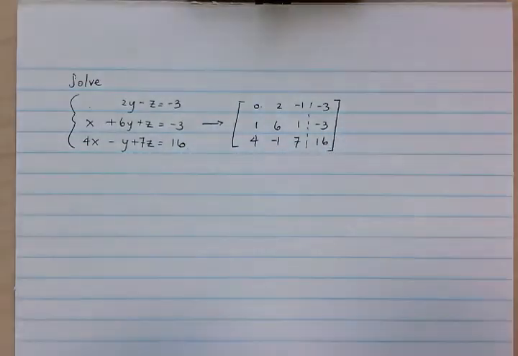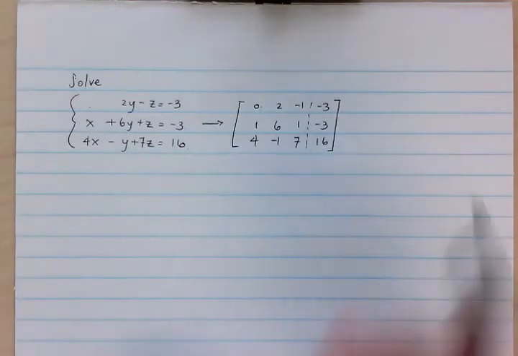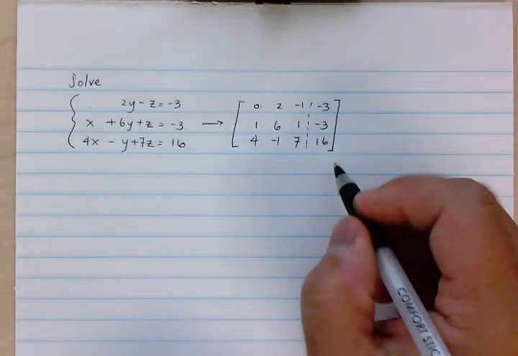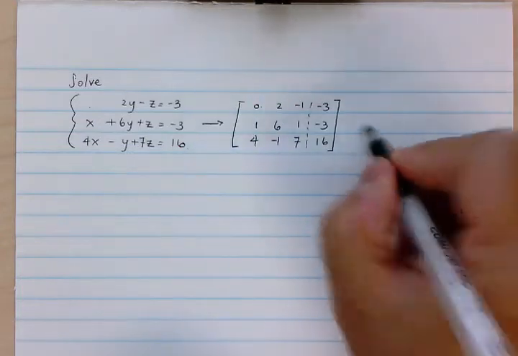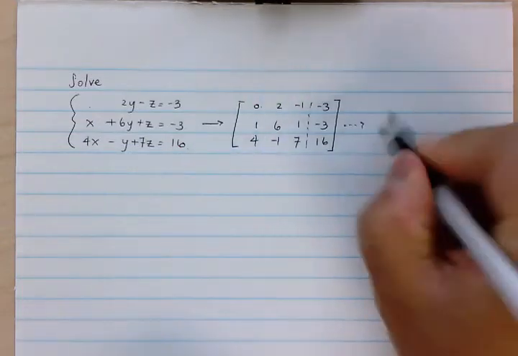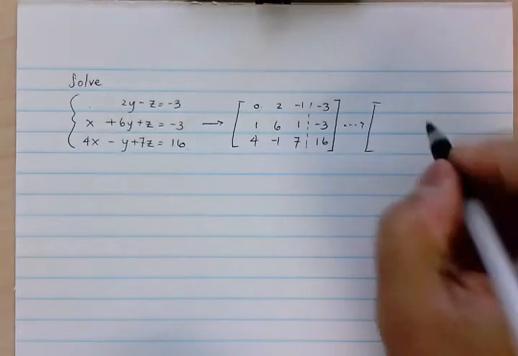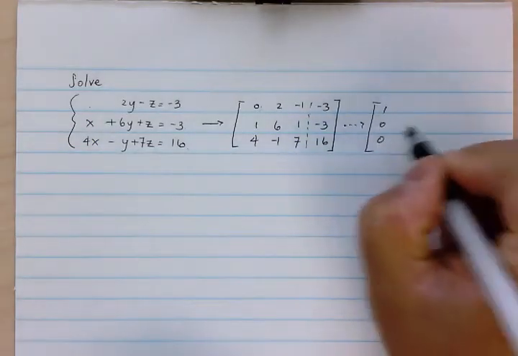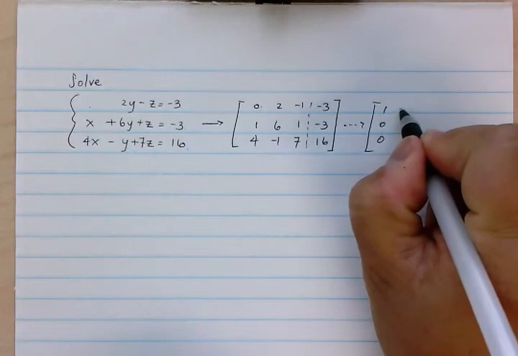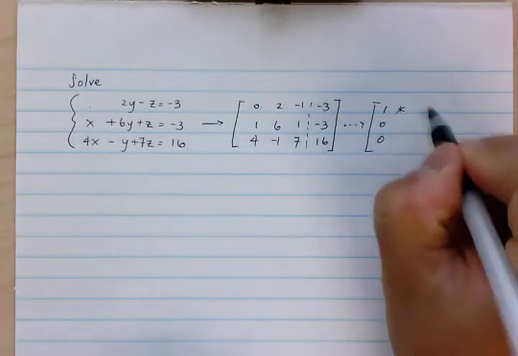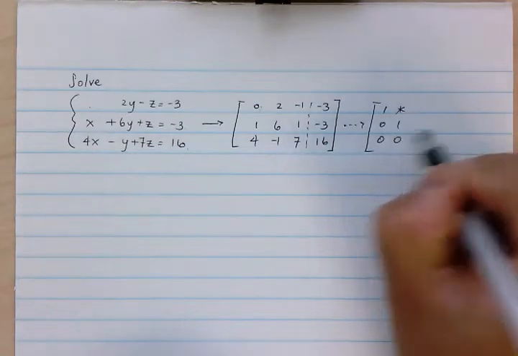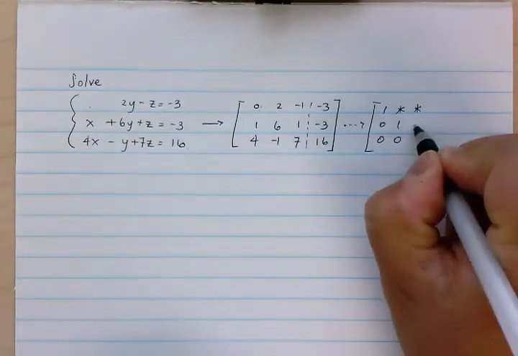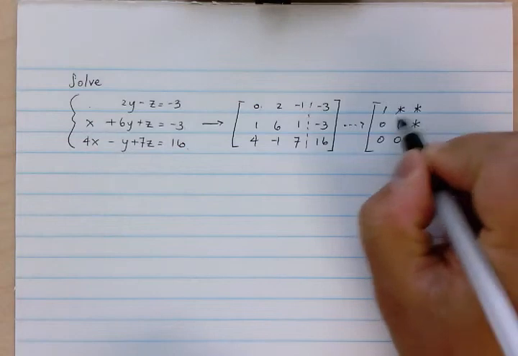The goal here, as with any matrix problem, is for us to ultimately turn this matrix into a matrix of the form 1, 0, 0 in the left column, some unknown value, 1, 0 in the middle column, and then on the right column we have, let's just put stars to represent the unknown values.